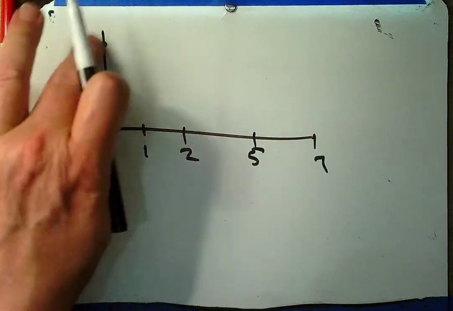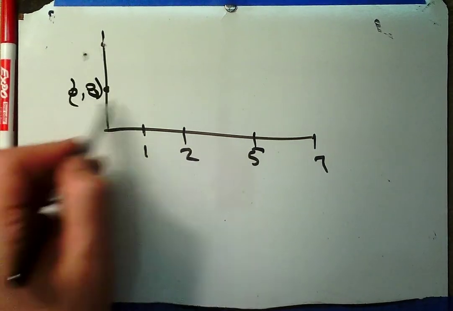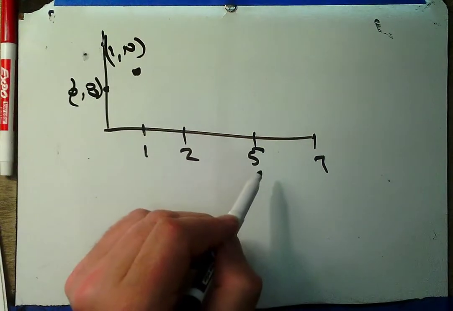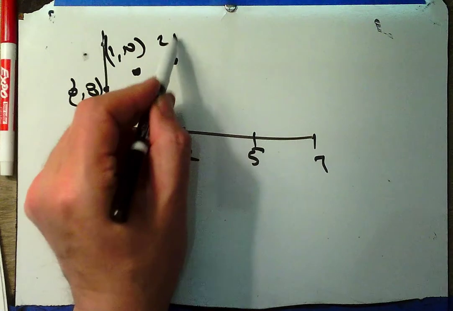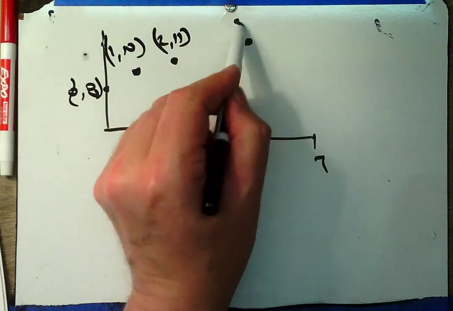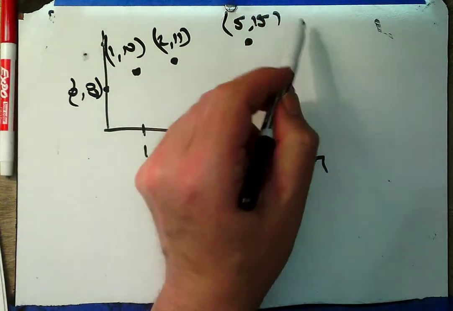Ooh, I better make 8 much lower than that. There's 8. 1, 10. 2, 11. 5, 15. And 7, 18.